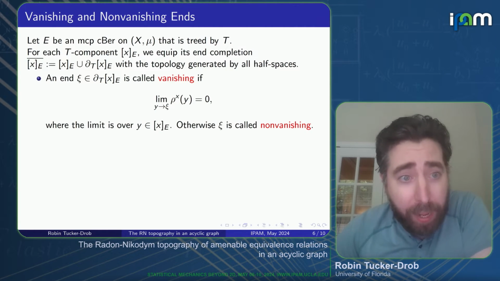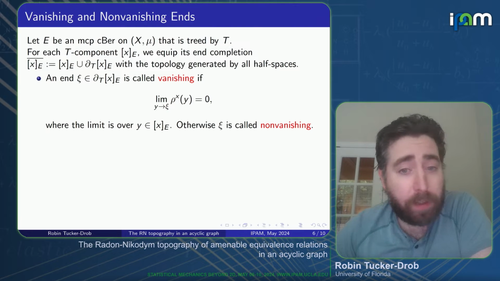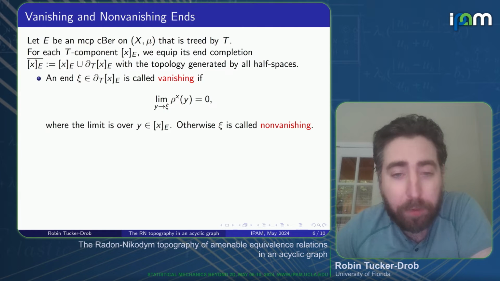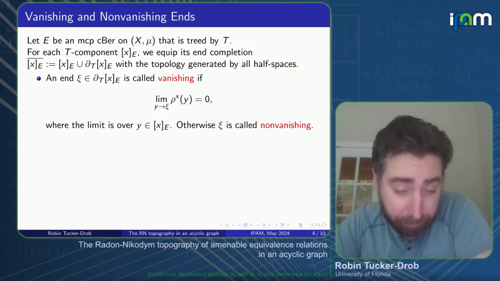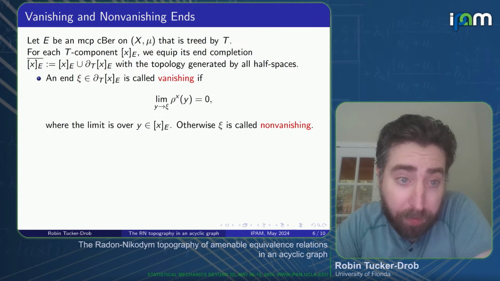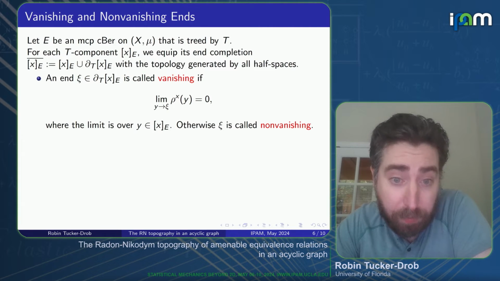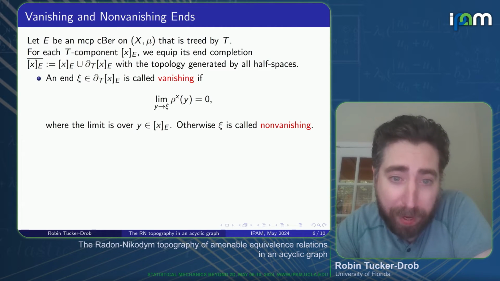All right, so an end of a tree is called vanishing, or we also use the terminology Radon-Nikodym cocycle vanishing, from the perspective of this cocycle, if when I take the limit in this topological space as y approaches the end C through vertices, because the Radon-Nikodym cocycle is only defined on vertices, of the weight of y, always looking from x's perspective, then the limit is 0.